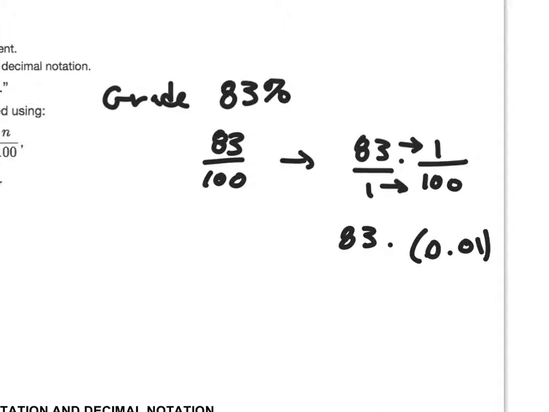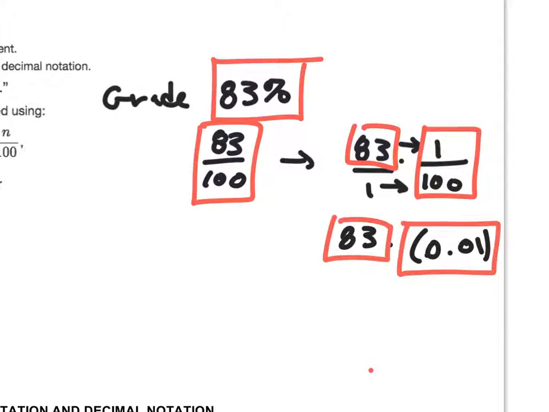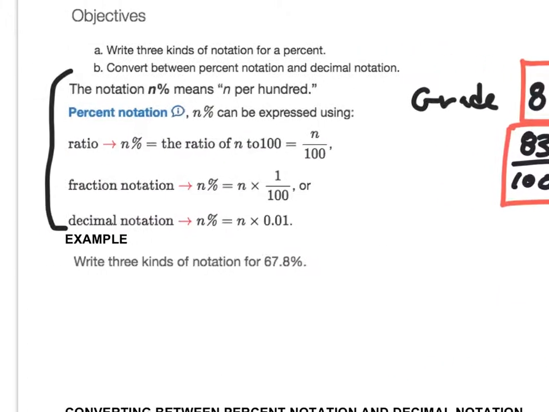So I can take 83%, which we'll just call your grade, and write it as a fraction, 83 over 100. I could say that it's 83 times 1 over 100. Or I could say that it's 83 times 0.01. All three of those work, and that's what we have here.